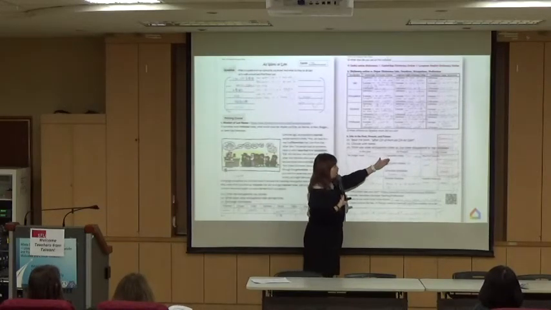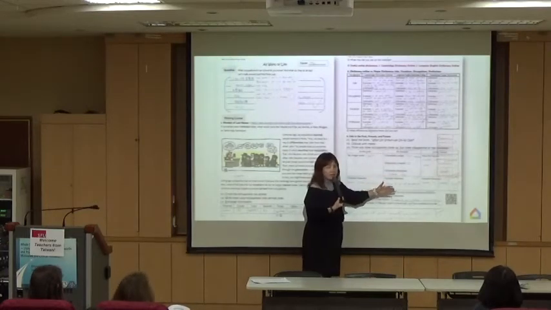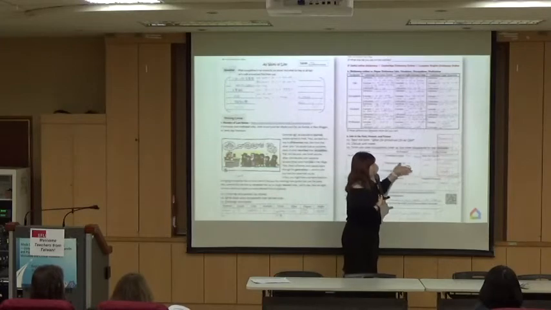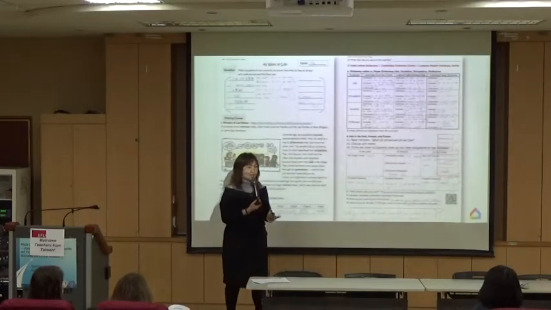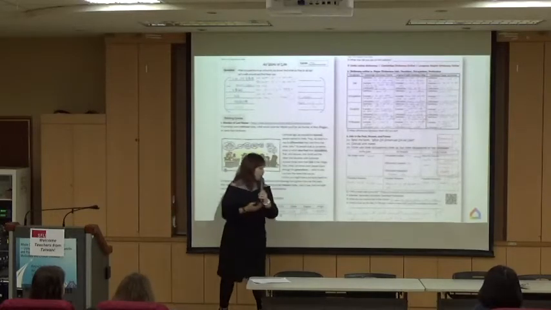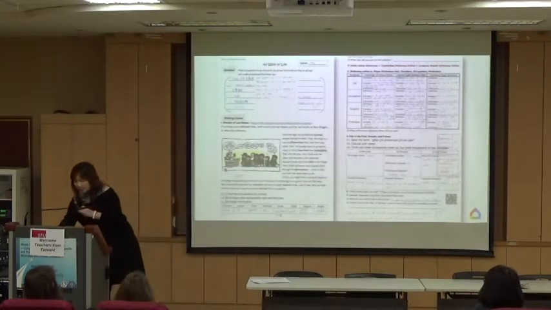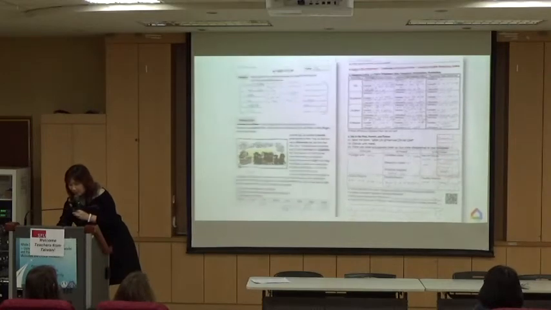What kind of jobs you can see at present and why they're so popular right now. And what kind of jobs may appear in the future, and why do you think so? So this is the part my students need to do. This is the first topic, about jobs.